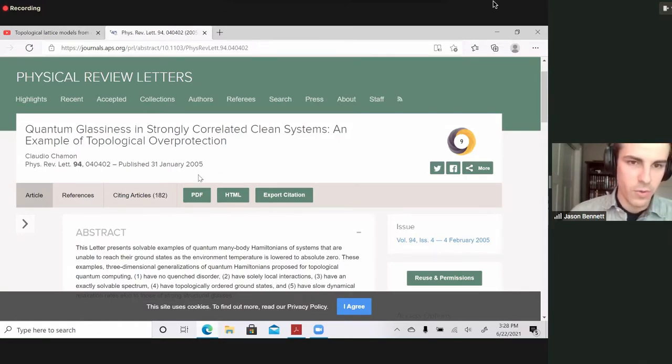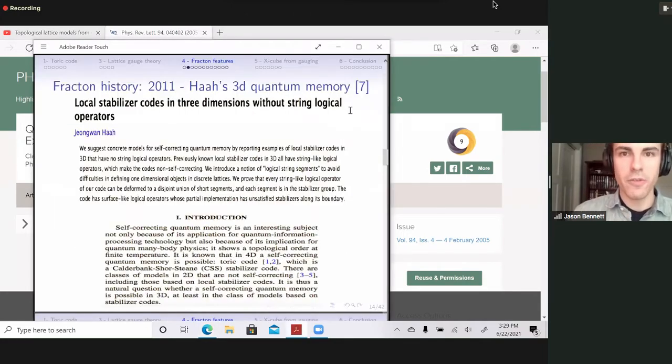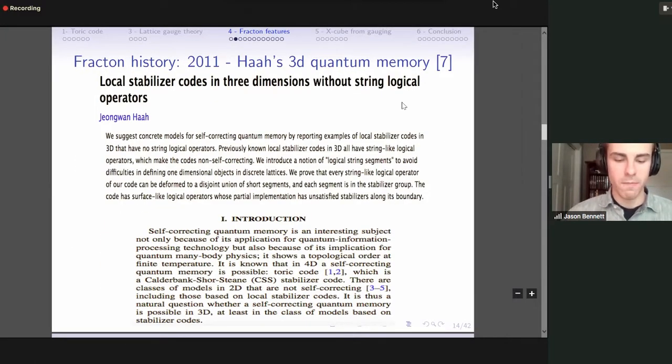Even though fractons weren't being discussed and quantum information wasn't the main subject of this paper, this is a condensed matter paper written all the way back in 2005 that Ha cited and used as inspiration for the lattice model that he constructed, where this topological overprotection is the key word here, because the gap above the ground state was so big that the main draw for him was that it would do this passive error correction on its own to such an extent that you wouldn't have to worry about some physical mechanism doing your error correction for you.